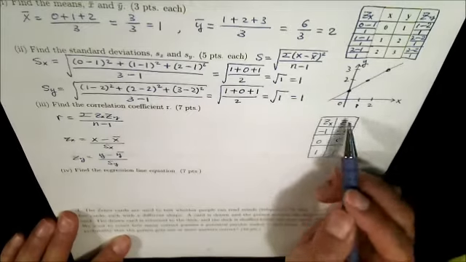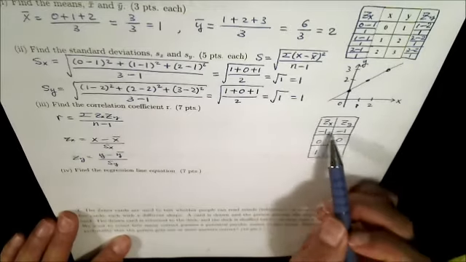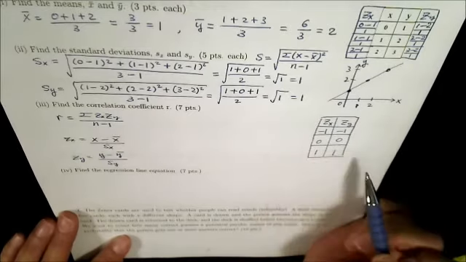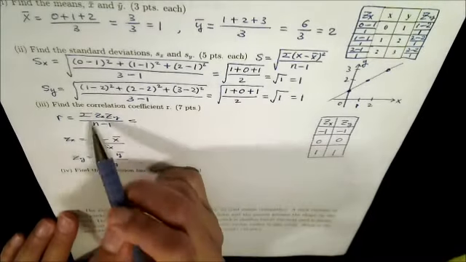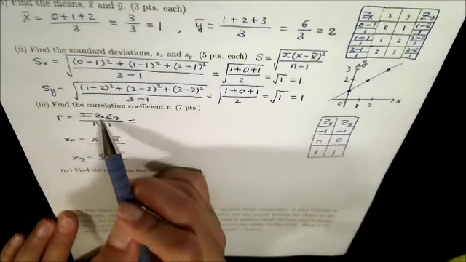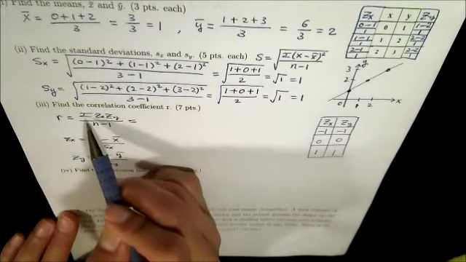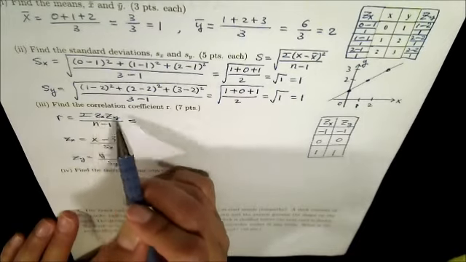So now we have z of x and z of y, again 3 pairs. Then let's find the correlation coefficient. This is the summation of z of x times z of y. This means sum up z of x times z of y.